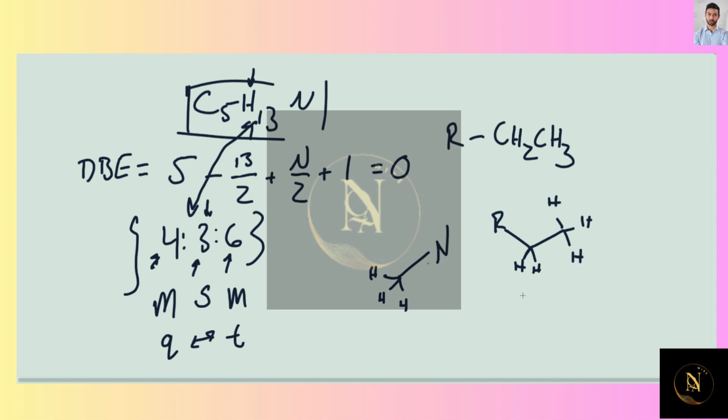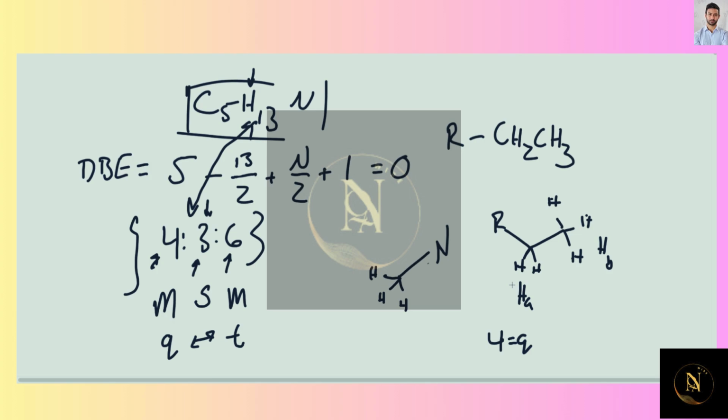If we call these protons A and these ones B, we use the n plus 1 rule. A has 3 neighbors, so n plus 1 gives 4, a quartet.